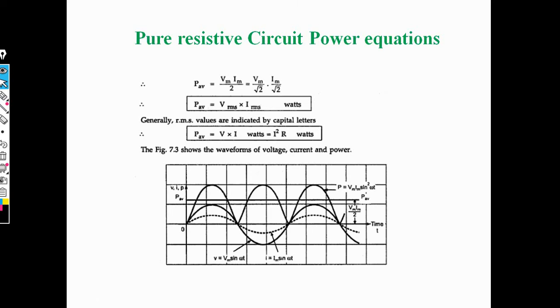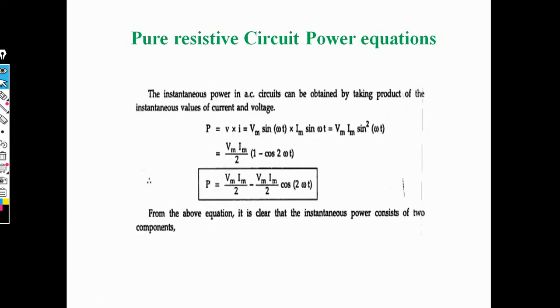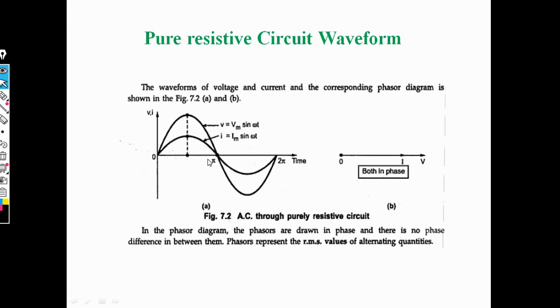Also important are the instantaneous values of current and voltage, and the product of current and voltage is called power. This is the corresponding phasor diagram and waveform of voltage and current.